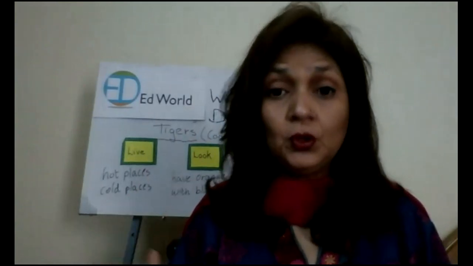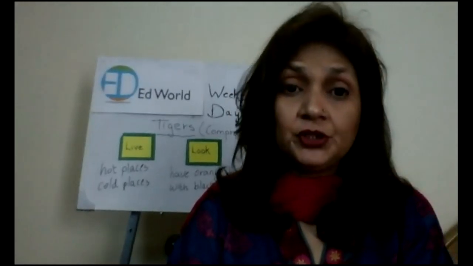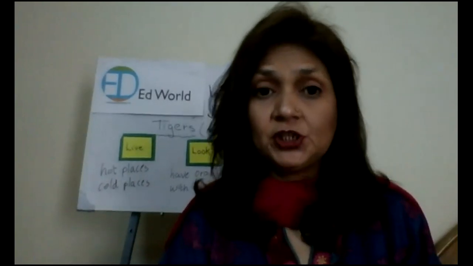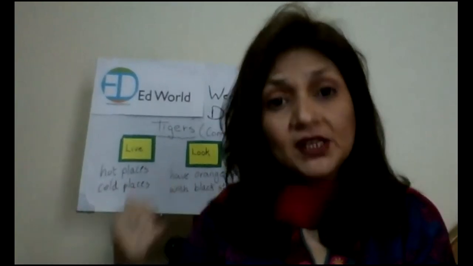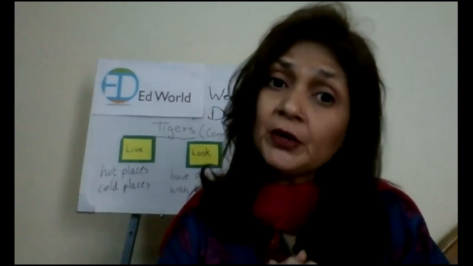Now, I want you all to please copy this down. Copy the web that I have made on the board, so that you are going to understand the information more clearly. Once you have copied this, we are going to write this information in the form of sentences, only a few of them. How are you going to write?